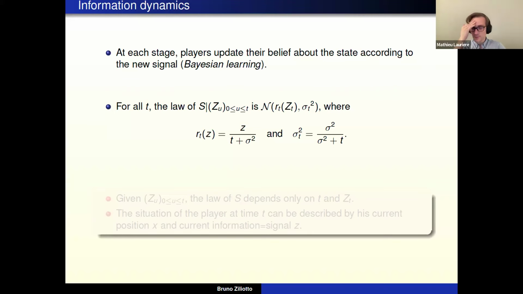I guess one extreme case would be if B is even equal to B prime, then somehow, as you were saying, by observing your X, you could potentially learn a lot about the state. Yes, exactly.